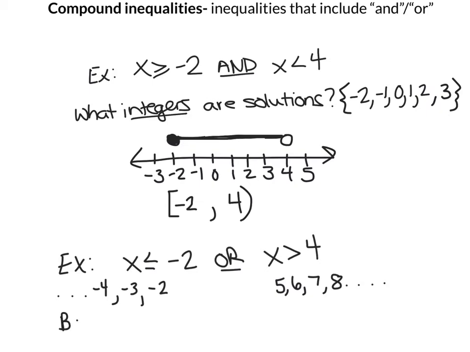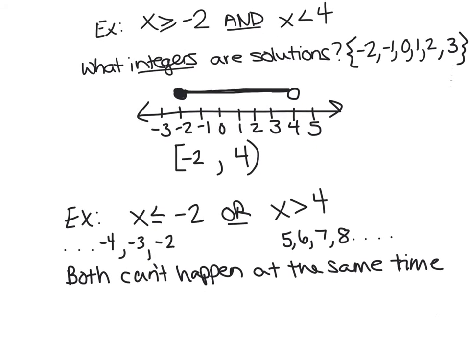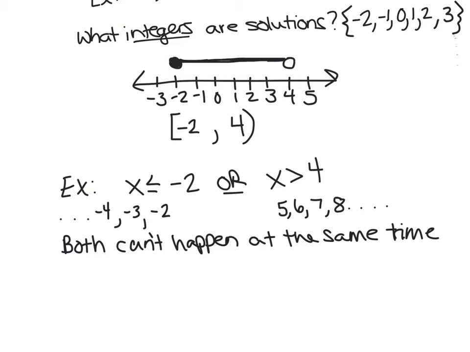So that's different than above. When we had "and," they were both happening at the same time. I had a number that was bigger than this and also smaller than this.